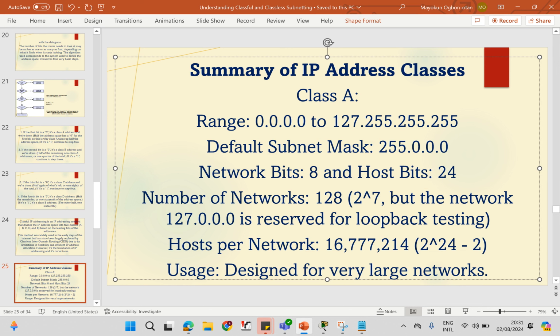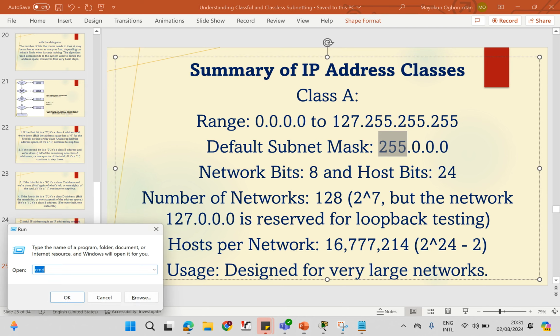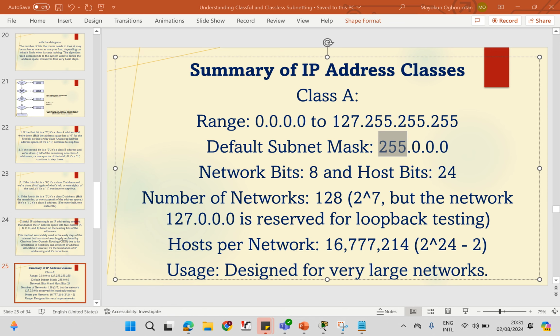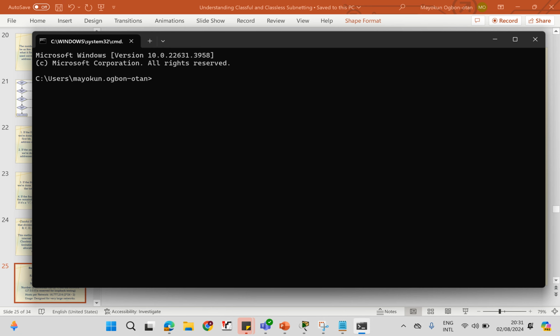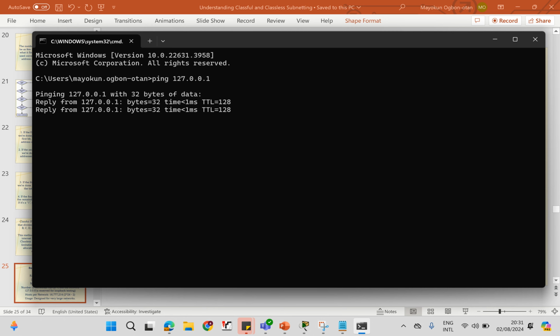So the network, this is the network we are talking about here. But the network 127.0.0.0 is reserved for loopback testing. So when we say loopback, I'll give you an instance. If I power up my command prompt and I just ping 127.0.0.1, it will respond whether I have the internet or not.